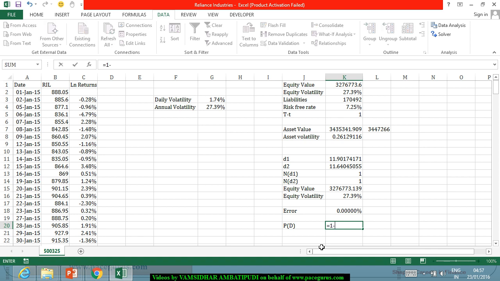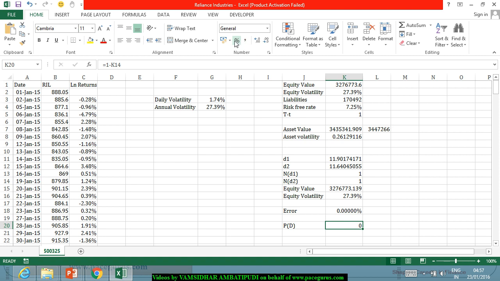So 1 minus ND2 is the probability of default. If I expand it in slightly more detail, the probability of default in this kind of situation is working out very close to 0.